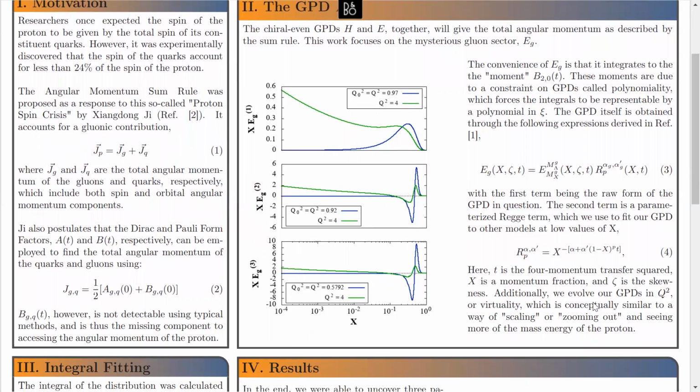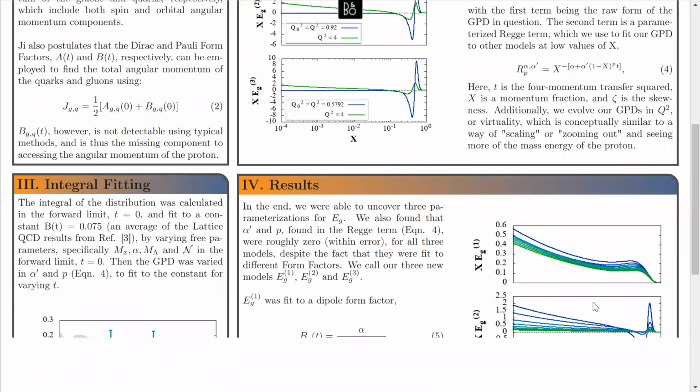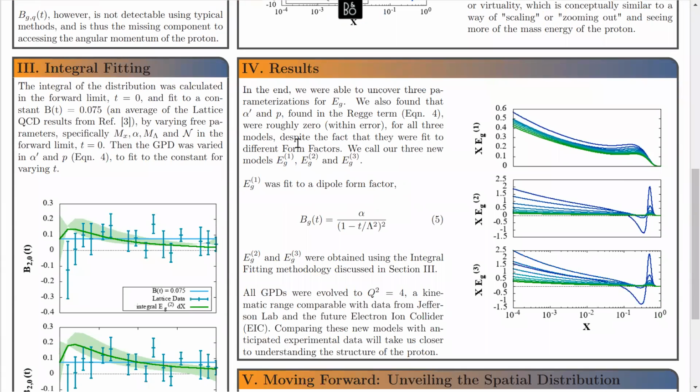The Regge term is in terms of x and t, and the GPD is in terms of x, zeta, and t, as well as being involved in this thing called t-squared, which is a way of zooming out or scaling the proton.